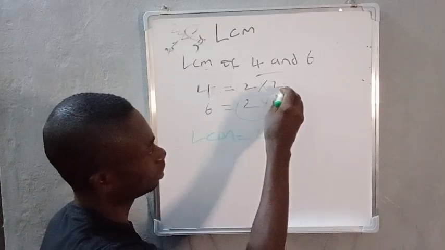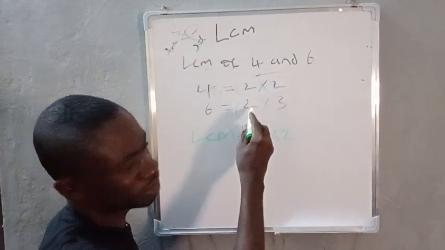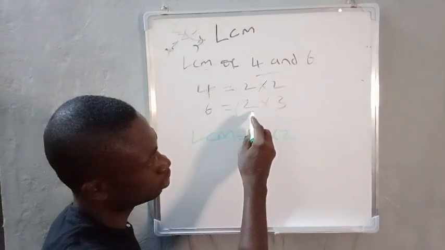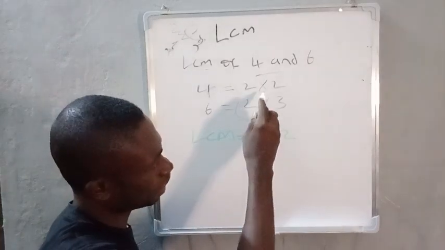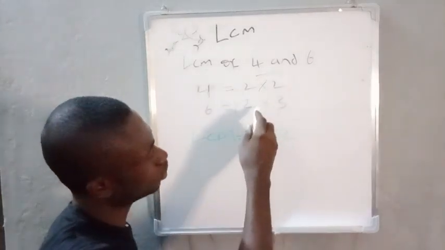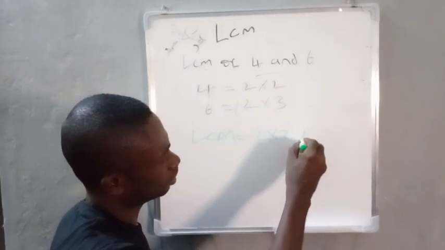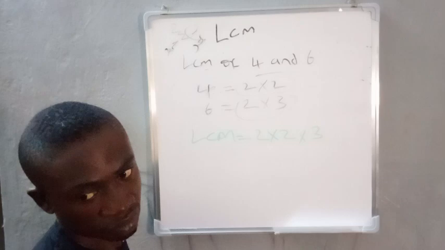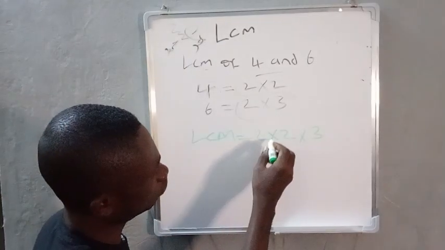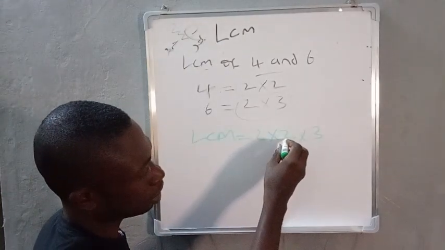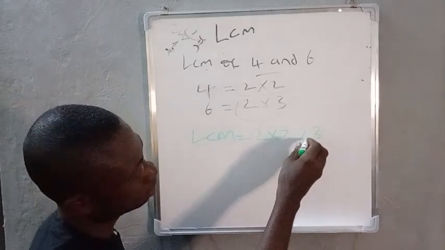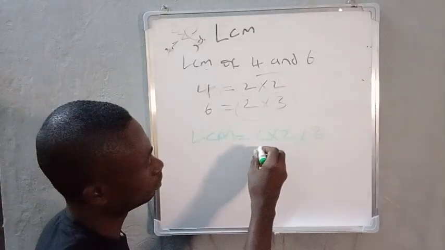Then 2 is here also, but this 2 is only appearing once, and we have carried the 2 that has 2 here already, so you don't need it again. What is left here is what you pick, times 3. So 2 times 2 gives you 4, and 4 times 3 gives you 12.